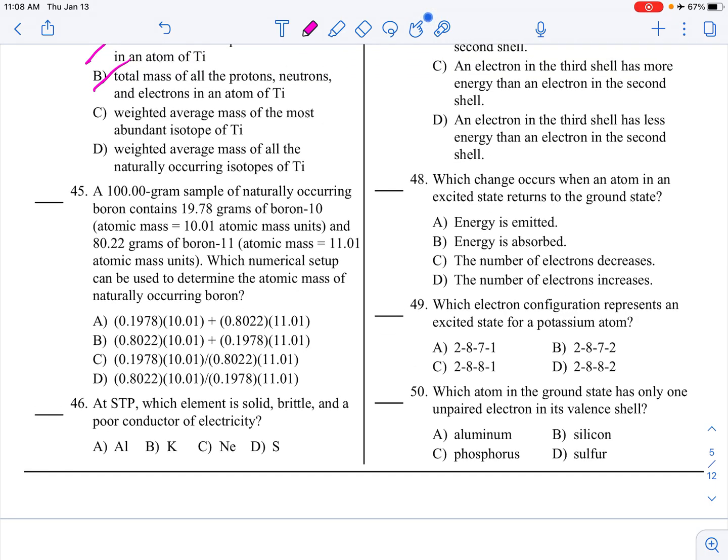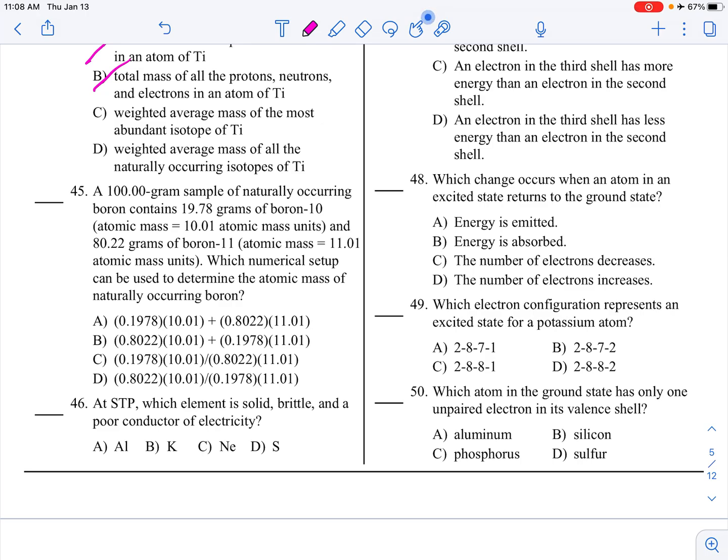Number 45, lots of numbers. We're doing average atomic mass, which means mass times percent abundance plus your next mass times percent abundance. You can either divide those percentages by 100, or you can make them decimals, which is what they did here.